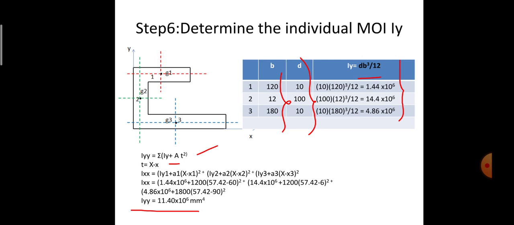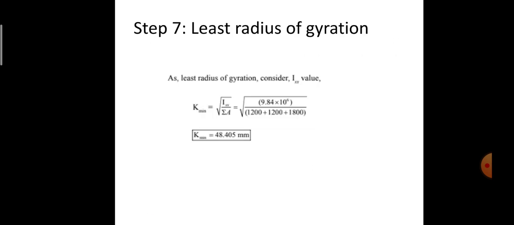Compared to the Iyy value, Ixx is the least moment of inertia for the overall channel section. In order to determine the least radius of gyration, I need to consider the least moment of inertia for computing this value. So I need to consider it as K minimum. K minimum is nothing but the least radius of gyration.